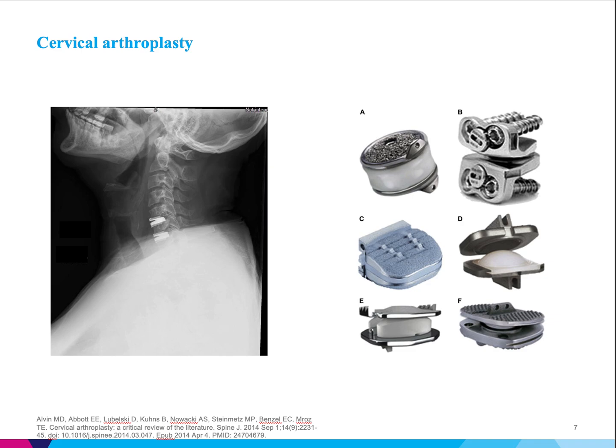And conceptually, there are different designs, but they all have the intended result of trying to mimic physiologic movement across an intervertebral disc, at the same time constraining the motion so that you don't have any unsafe motion that compromises your spinal nerves where they exit at that level, or more seriously, your spinal cord.